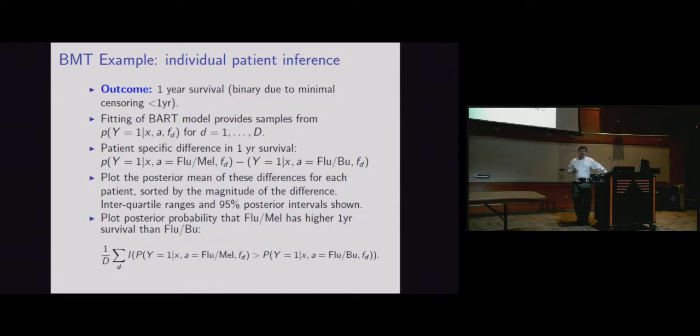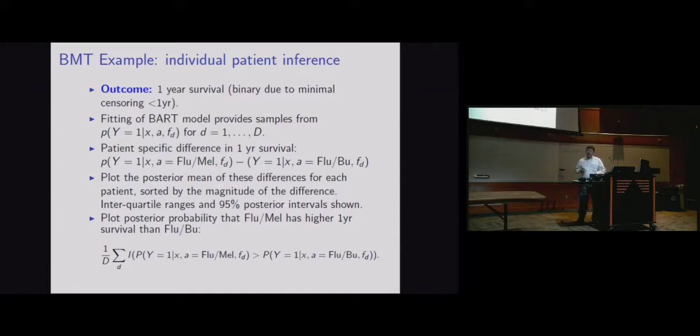We can get patient-specific differences in one-year survival on a draw basis by taking the probability y is equal to 1 given x and a is equal to Flu-Mel for a particular draw, and the same probability, I'm sorry, I'm missing a P, for x and a equals Flu-Bu, and the same draw from the sample.